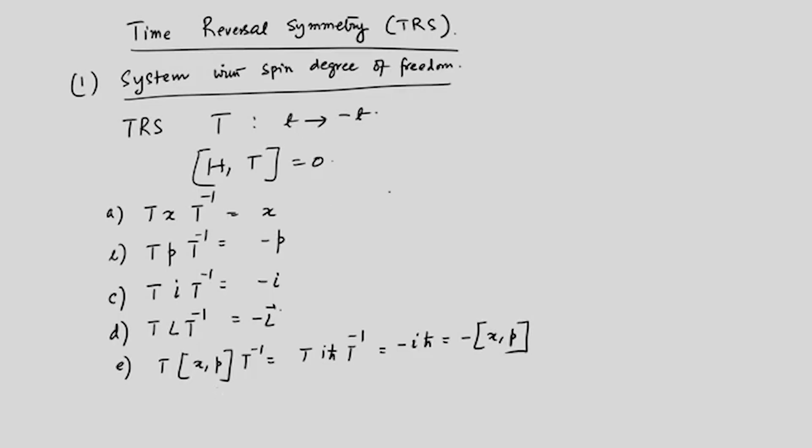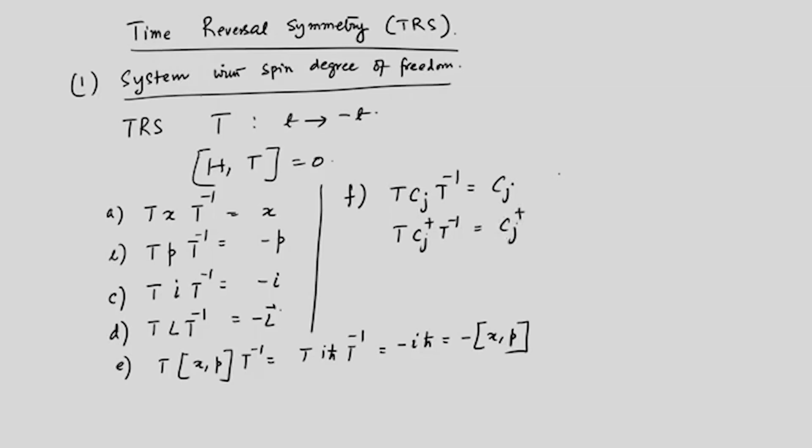So, let us go to this F. That tells you that if you have a real space second quantized operator, T c_j T inverse, for example, this remains the same. However, T c_j dagger T inverse also of course remains the same.